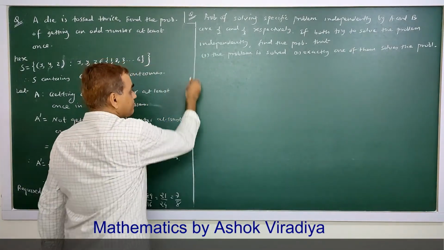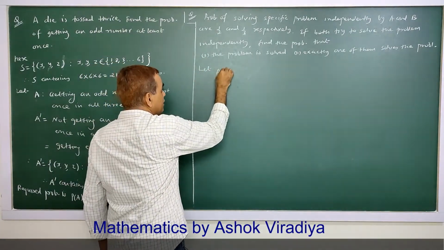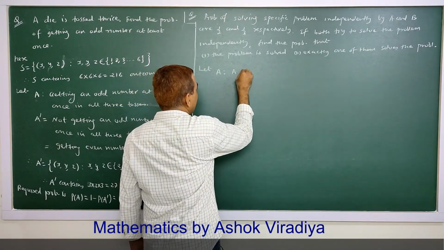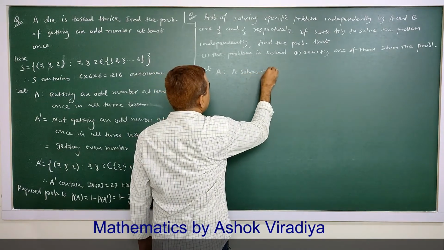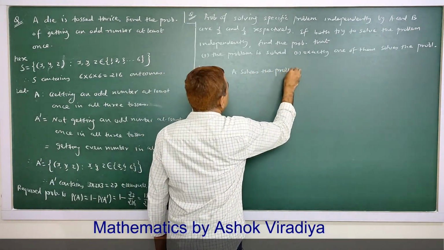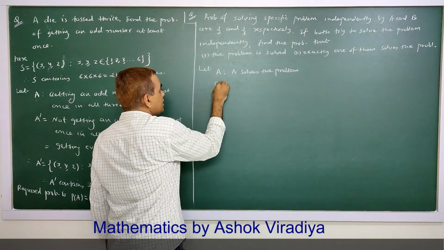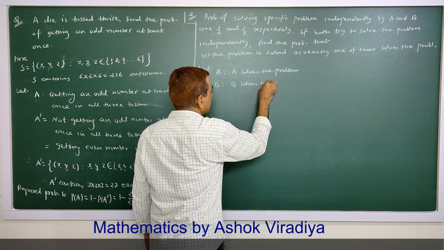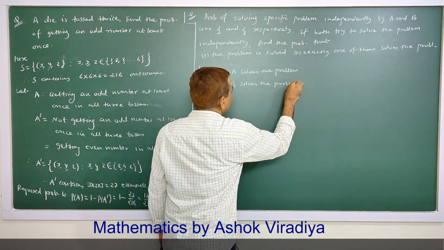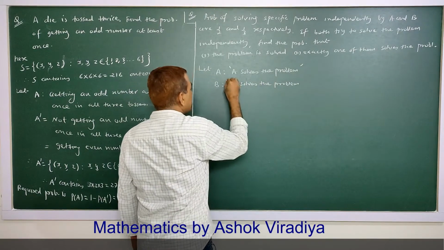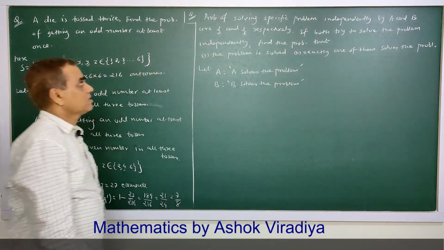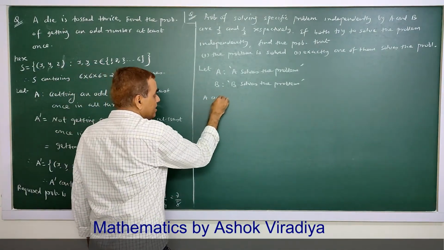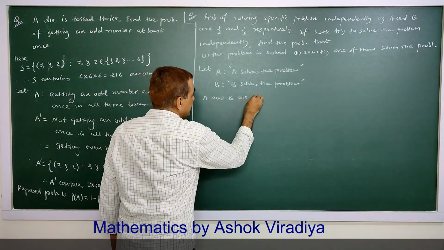So we suppose that A is the event that A solves the problem, and B is the event that B solves the problem. So we define these events by these words. A and B are independent events.